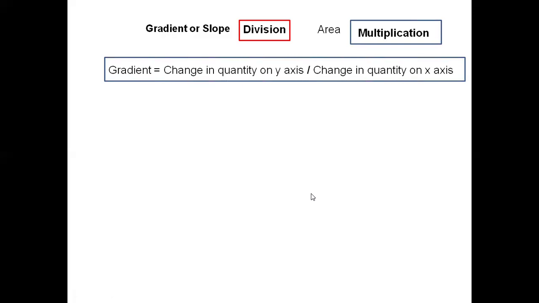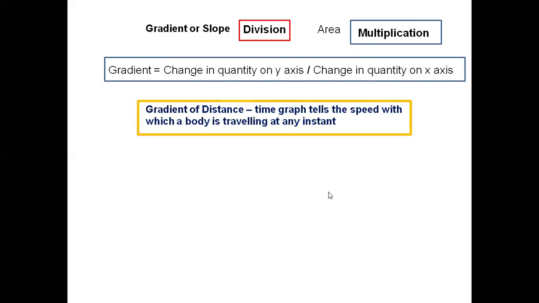We can find two quantities from a graph, but here area gives nothing, whereas the gradient of this distance time graph or displacement time graph gives us either speed or velocity. Change in the quantity on the y-axis divided by change in the quantity on the x-axis. So the gradient gives the speed at any instant, because speed may not be constant throughout.